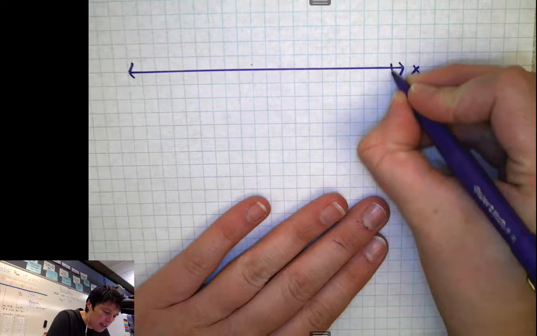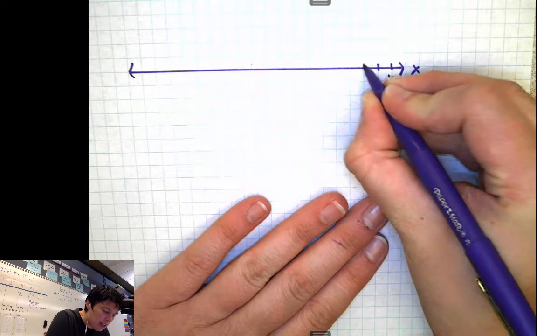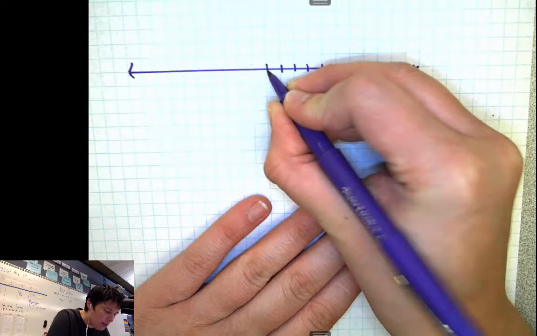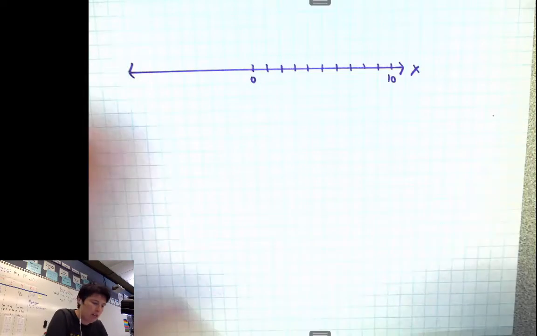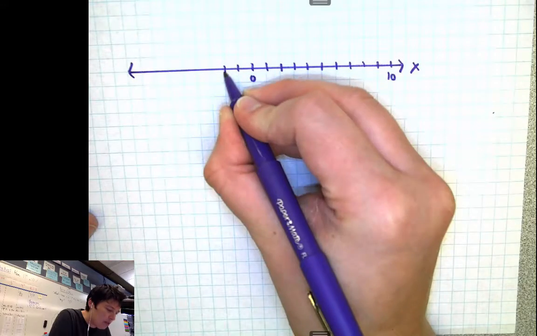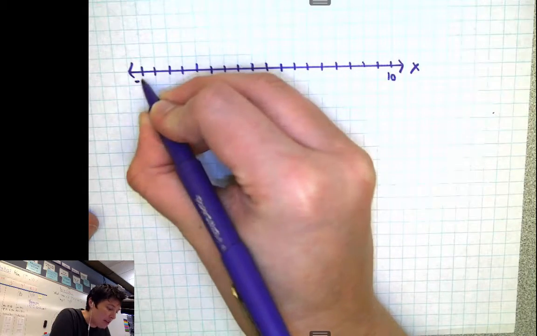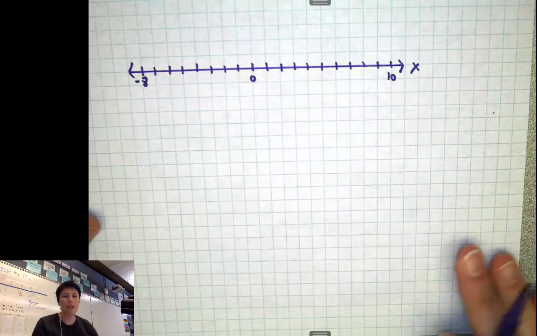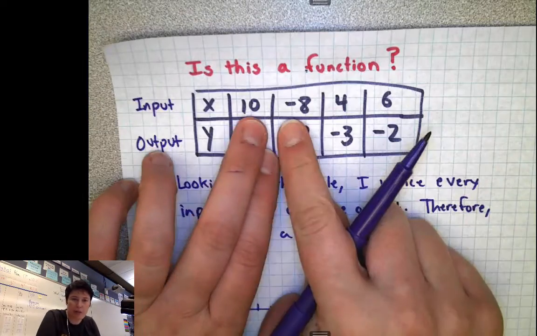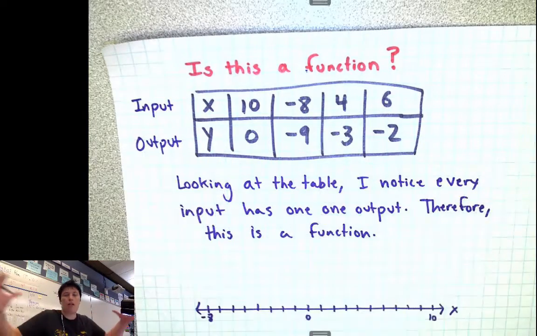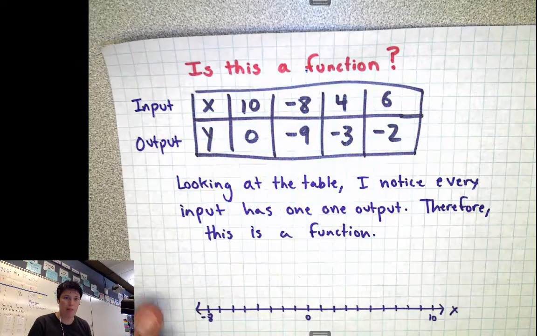So if this is 10, 9, 8, 7, 6, 5, 4, 3, 2, 1, here's 0, and then -1, -2, -3, -4, -5, -6, -7, -8. I barely made it to -8. I'm doing that because in my table values, -8 and 10 were the smallest and largest numbers, so I know my graph has to stretch that far.